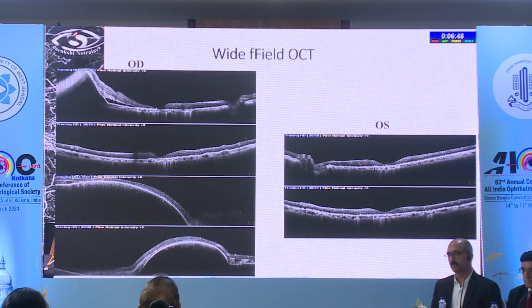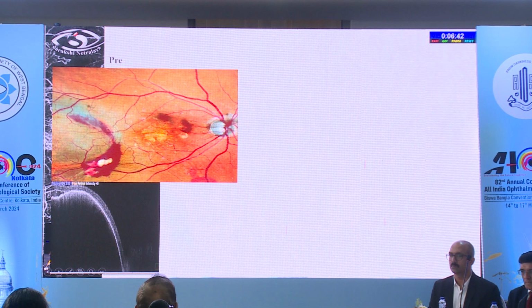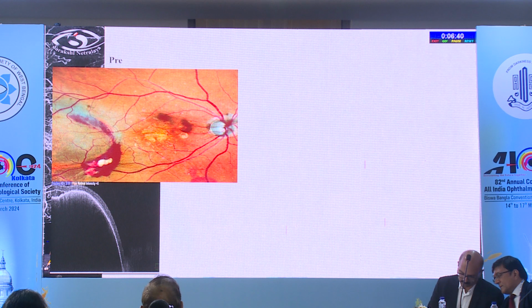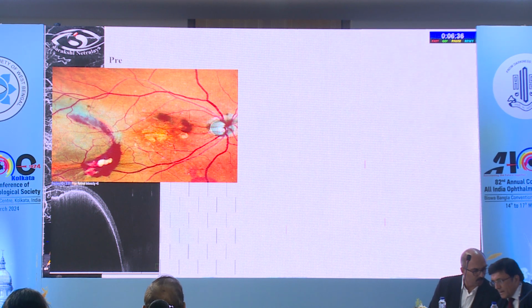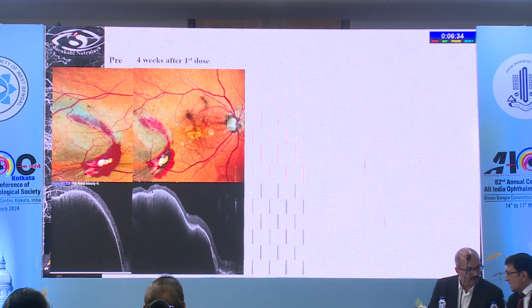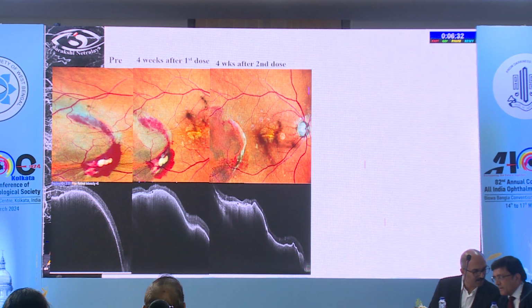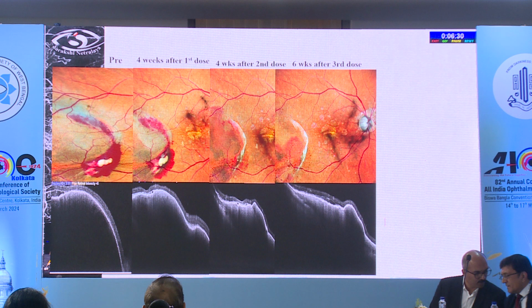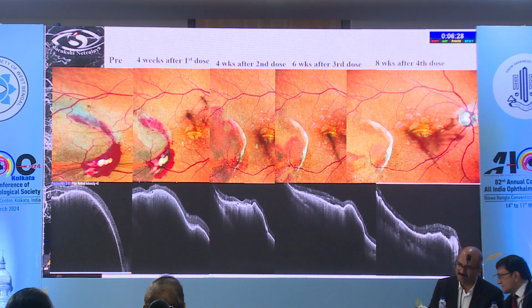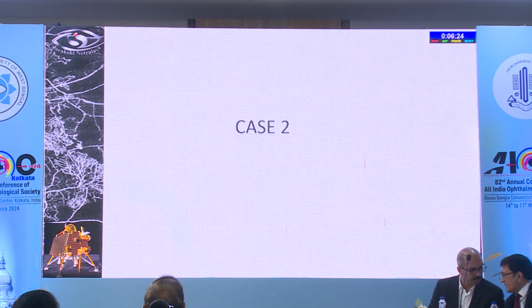This was the left eye widefield OCT where in a single go you see the optic nerve head, the fovea as well as the peripheral part. We treated the patient with brolucizumab as a single modality of treatment, and you can follow up at 4 weeks, how the lesion is coming down, without any invasive investigation, and you could see how it subsided with proper treatment.